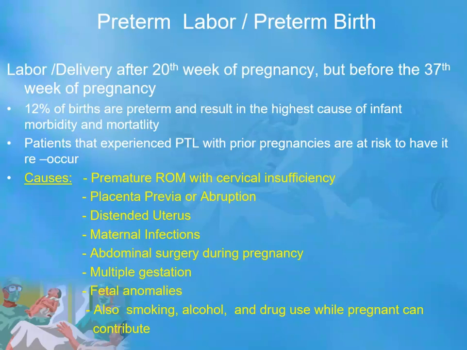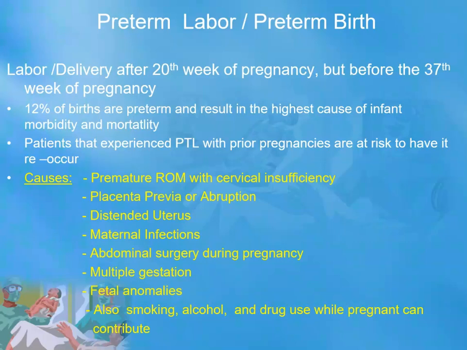A lot of times if people are in preterm labor or they come in thinking they're in preterm labor, we immediately do a catheter specimen to test for UTI. A lot of them have UTIs and that puts them in early labor. Abdominal surgery during pregnancy can put them in labor. Multiple gestation.